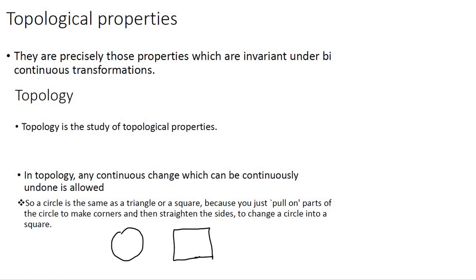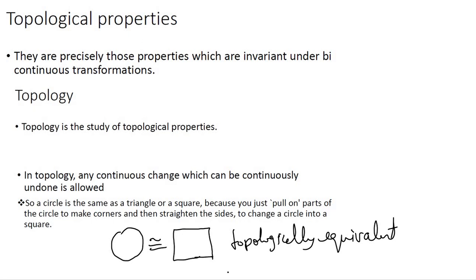So the circle is the same as a triangle or a square, because, as I have told about a rubber band, from the circle I can make corners and make it into a square. Similarly, if I shrink it, I can make it into a circle. So topologically, they are equivalent. So in topology, we study the properties which are invariant under the action of the group of homeomorphisms.